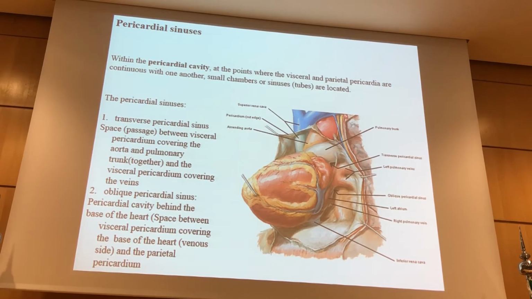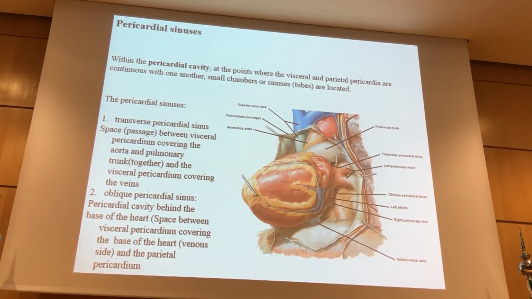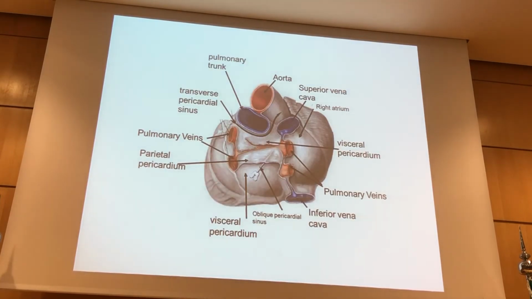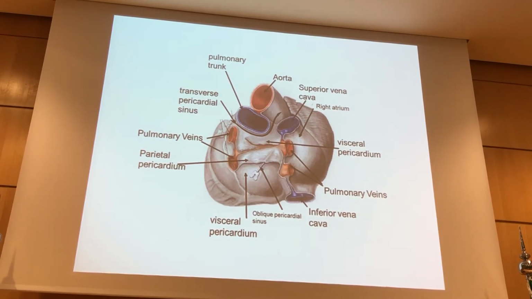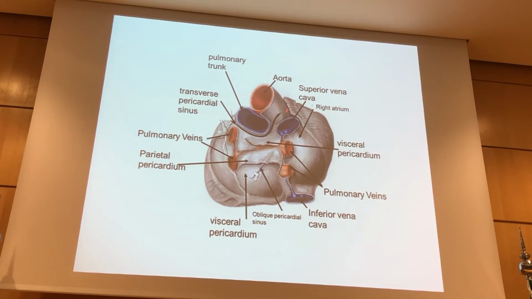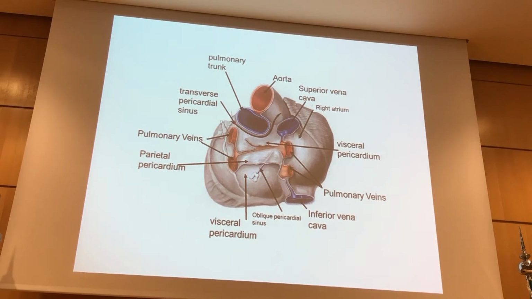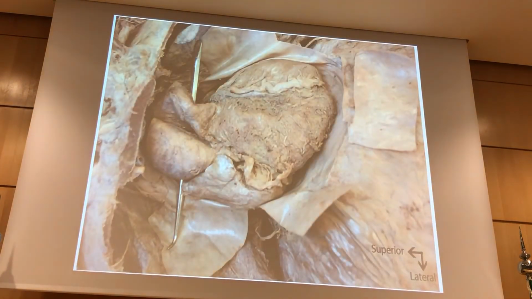Between the two, there is a space. In that space, you can insert your finger or put a probe. This is the visceral pericardium covering the heart. Then it's going to wrap the aorta and the pulmonary trunk as one compartment, and the veins as a separate compartment. Between the two, we have a space.